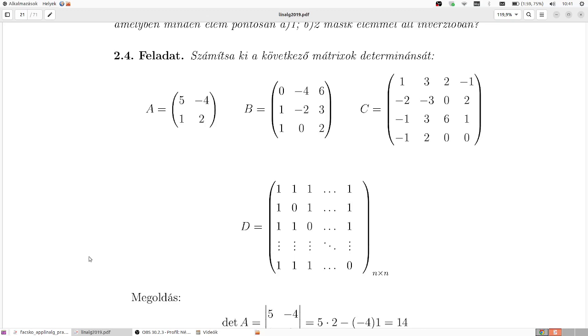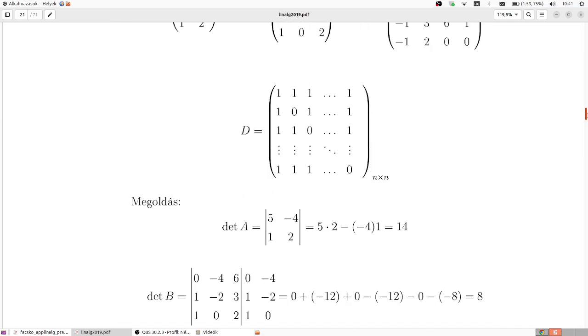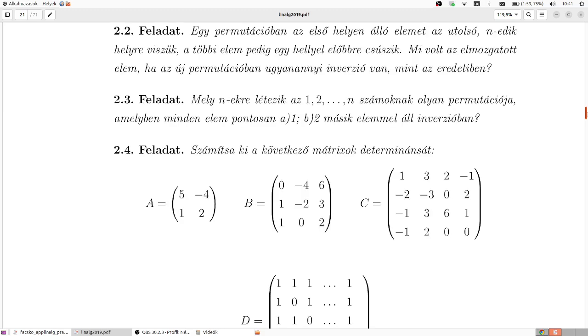This was the Sarrus rules, and if I am right, yes, it's good. This was the solution with Sarrus rules. I don't know the pronunciation.